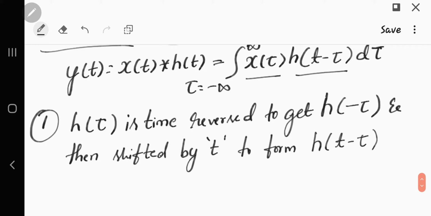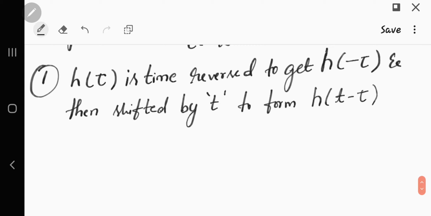That means, considering zero time shift, first we plot h of minus tau, the time reversal version of it, considering t as 0. That is the easiest way to understand the first step.